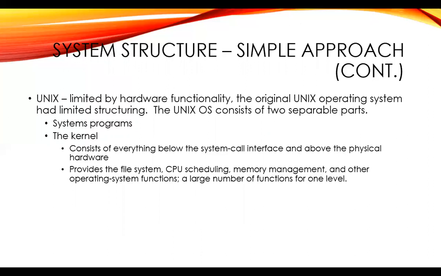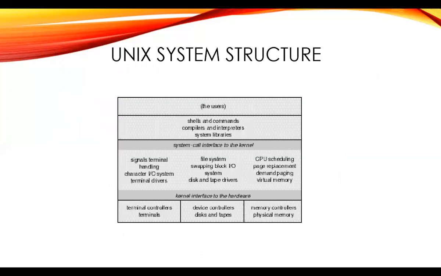This is the UNIX operating system structure. At the bottom we have the hardware, that is terminal controllers, terminals, device controllers, and memory controllers. Above the hardware we have the kernel interface to the hardware. The kernel may interface with the hardware during execution.